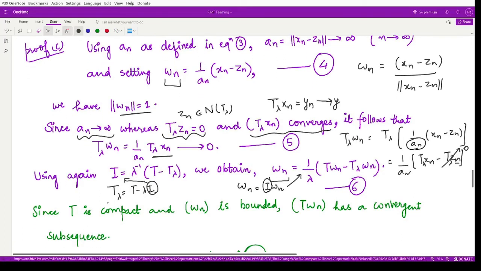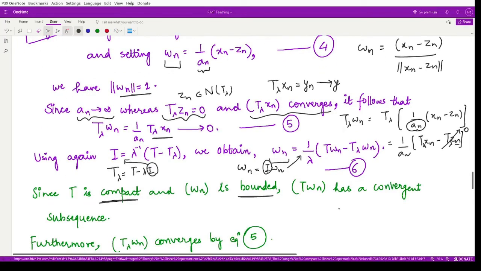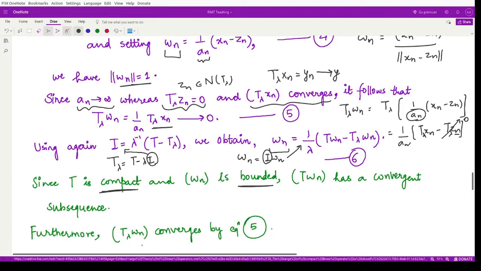Now because T is given to be a compact operator and wn is a bounded sequence. Why bounded? Because its norm is 1. So T of wn is bounded, and T is compact using the compactness criteria. When you apply T onto this bounded sequence, T of wn would have a convergent subsequence. Moreover, this sequence T lambda of wn converges by equation number 5, because that goes to 0.